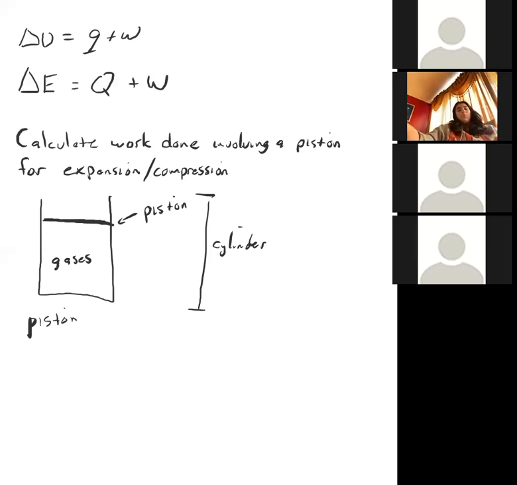As it burns, it gets hot. And as it gets hot, it pushes the piston up. And then that piston is connected to mechanical devices like gears and cams that allow rotation to occur. So you're converting the energy into rotational energy, and then that drives the drive shaft and the drivetrain. And so the automobile can run.